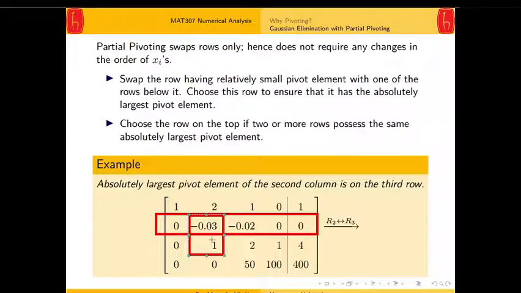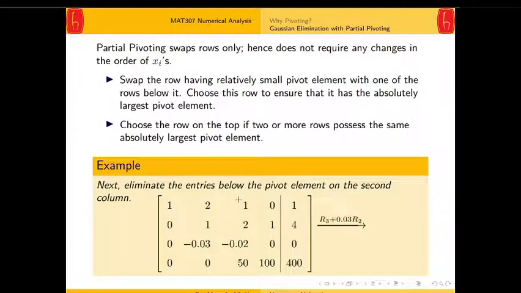So two possible options are 1 and negative 0.03. If we take them in absolute value, the absolute value of 1 is greater than the absolute value of negative 0.03. For this reason, we need to interchange row number 2 and row number 3. When we do that, we will obtain this matrix.